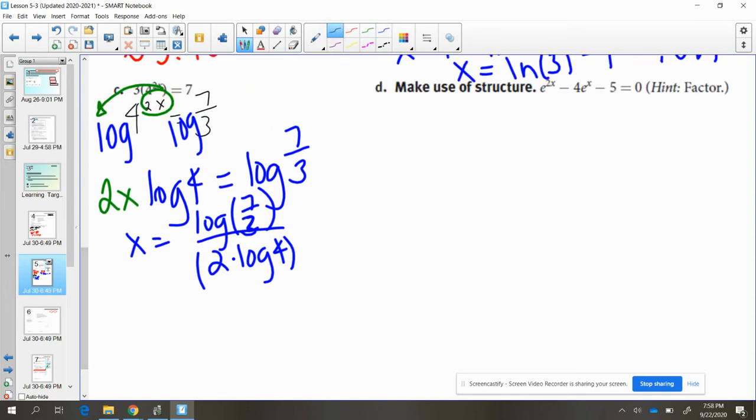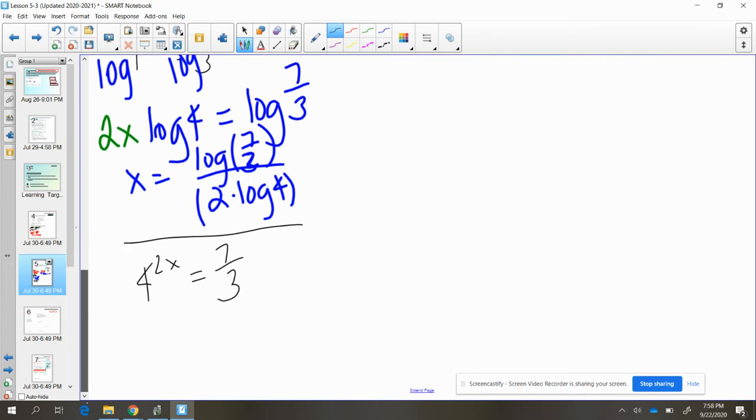Now, just as a side note, another way you could have looked at this problem is, if we get to this point where we have the isolation of our base here, another way you might see this is taking the log base 4 of both sides, because that'll cancel this out.